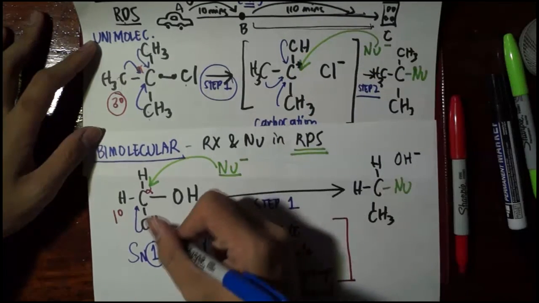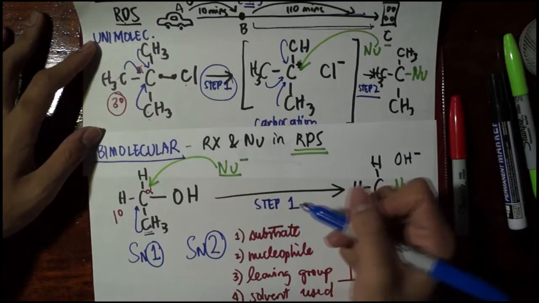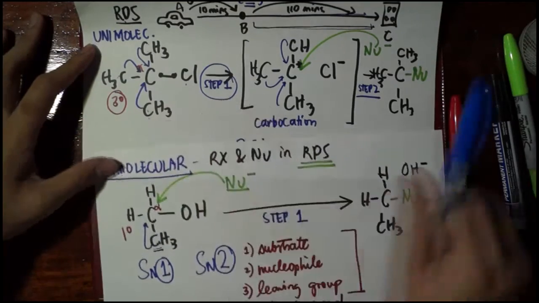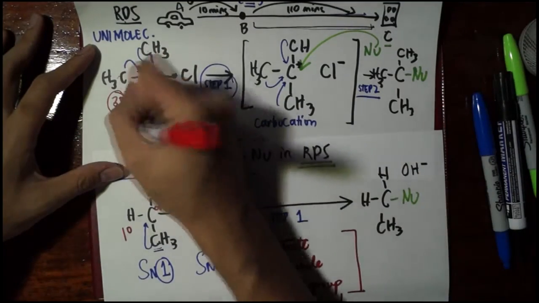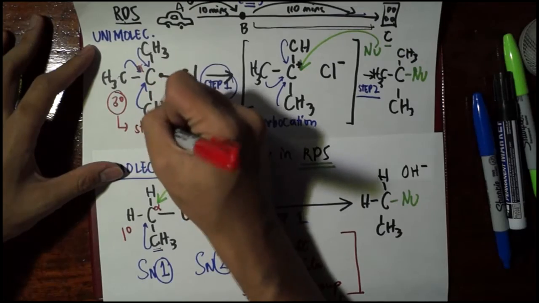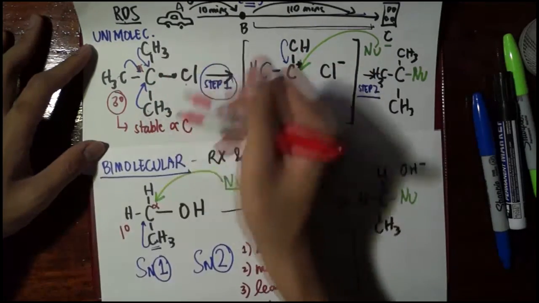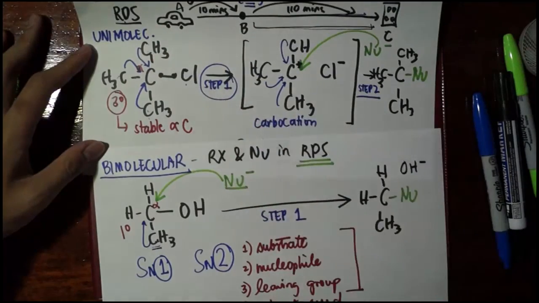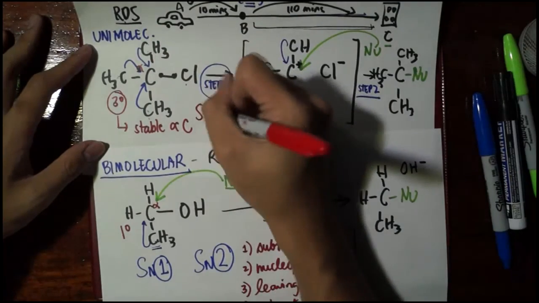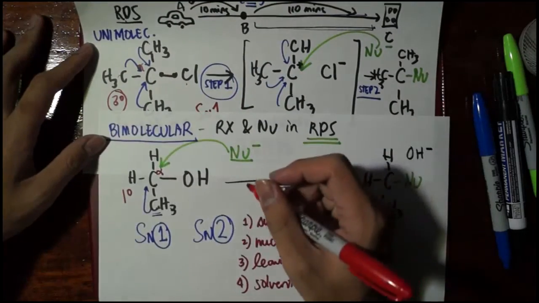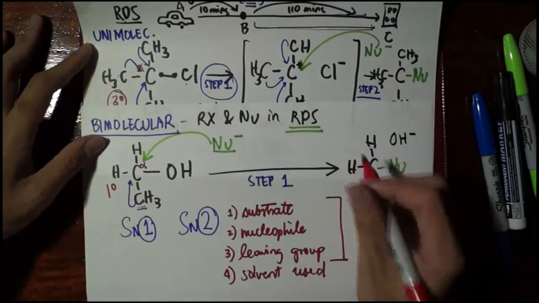Unlike here, we only have one carbon to borrow. What I'm saying is that if you have a stable alpha carbon, most likely you could have this RX compound undergo SN1, or unimolecular. Then if it's less stable, then SN2.